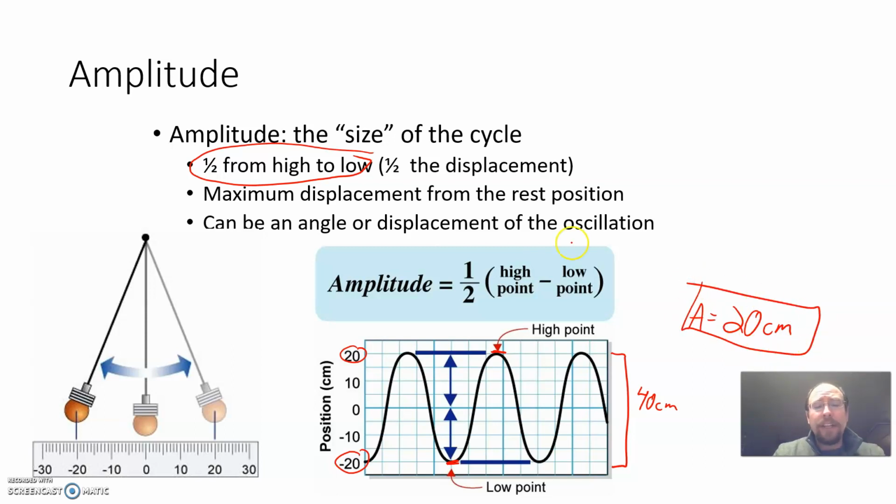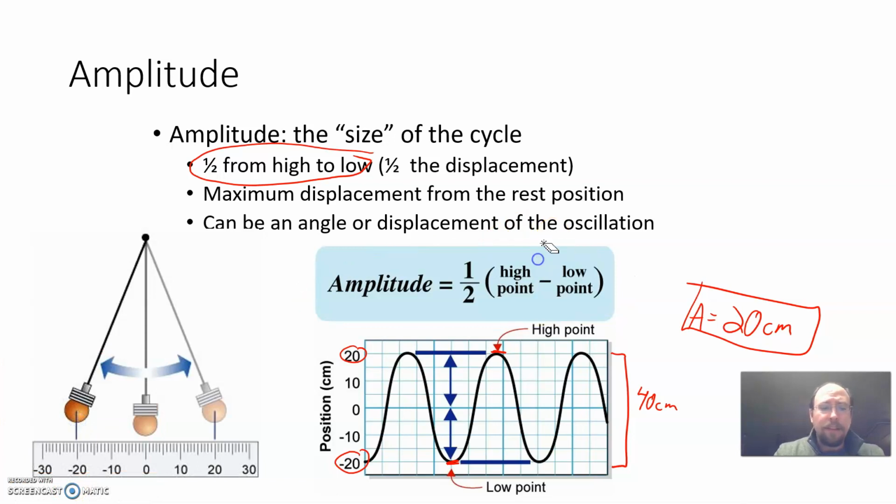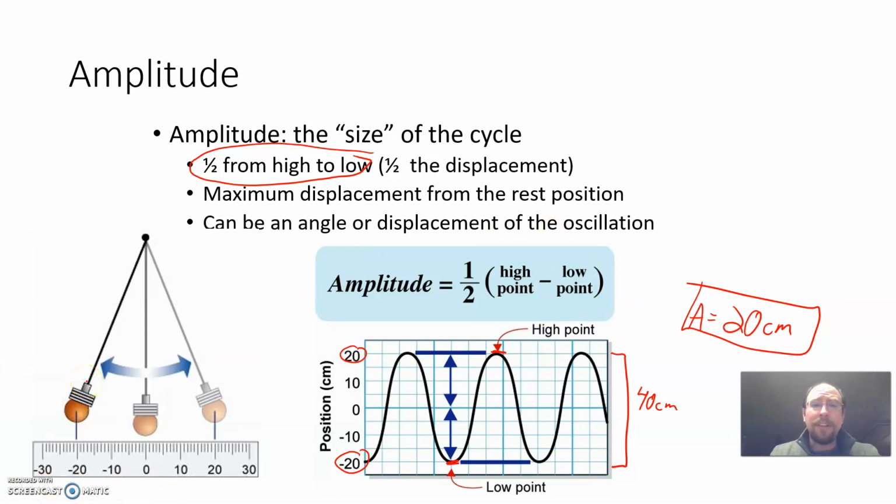You can also think of it like an equation, and you can feel free to use this equation on quizzes and tests, but you're not going to be given that equation. You have to know what amplitude is. And if you know what amplitude is, it basically tells you what you do. It's half the total distance.